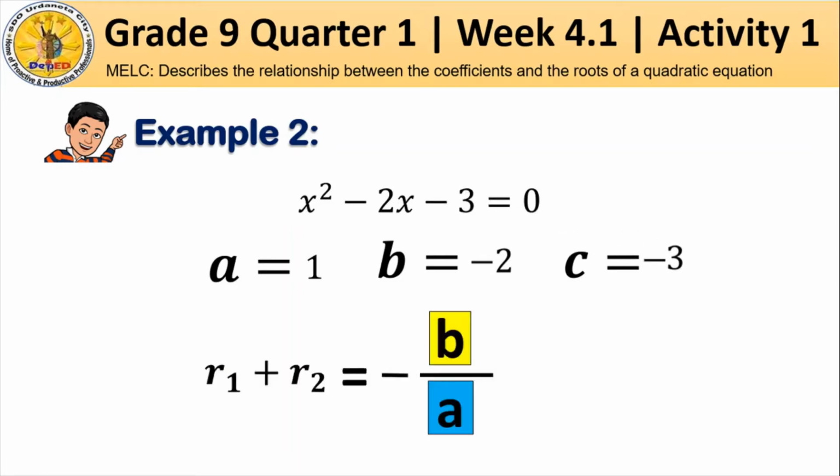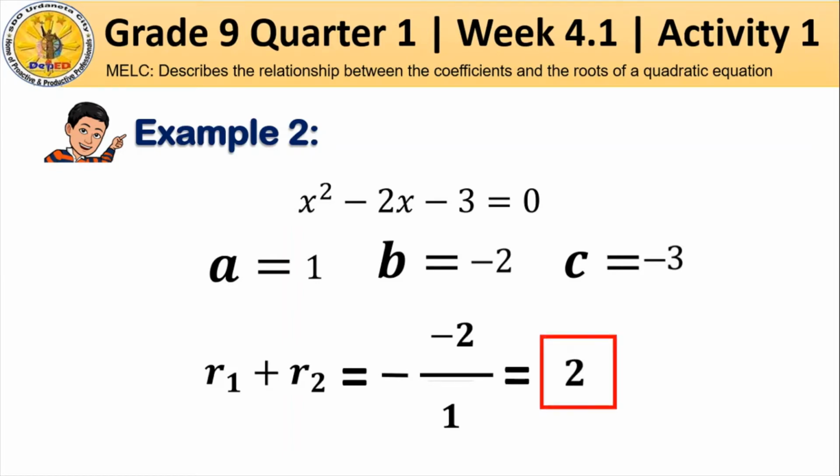Using the formula r sub 1 plus r sub 2 is equal to negative b over a, we will substitute b as negative 2 and a as 1. Then we simplify. Negative of negative 2 divided by 1 is positive 2. As simple as that.